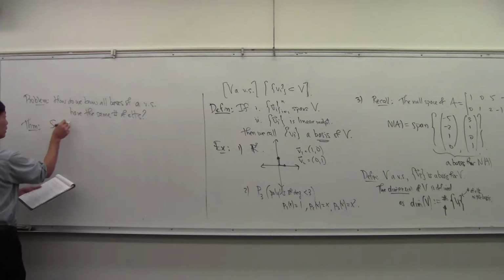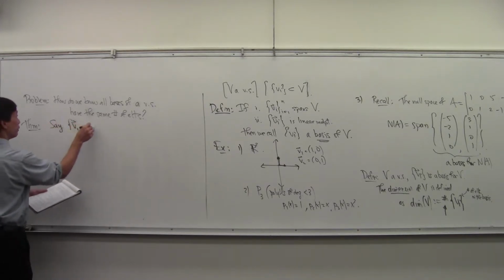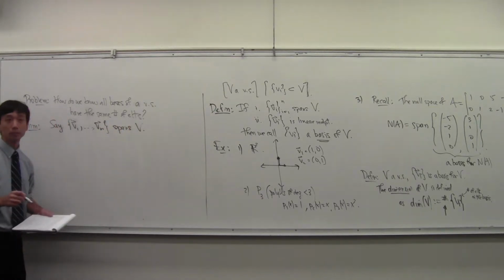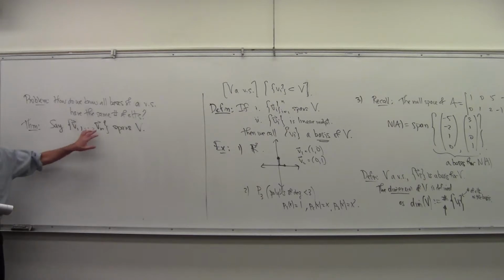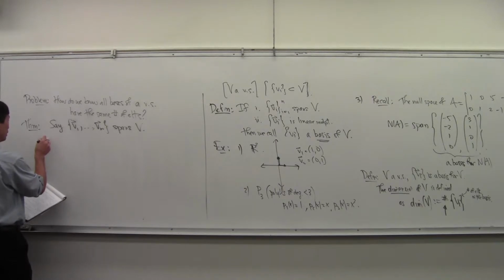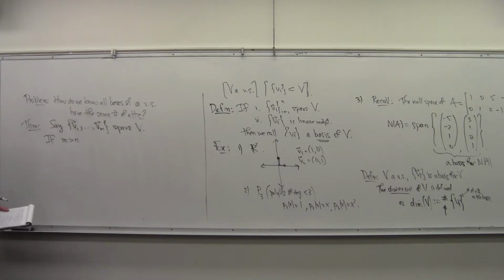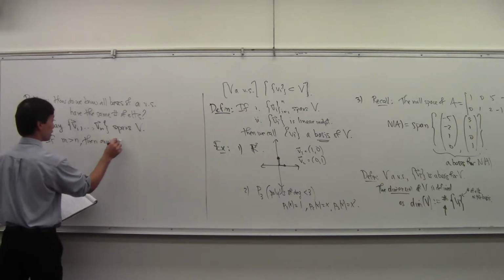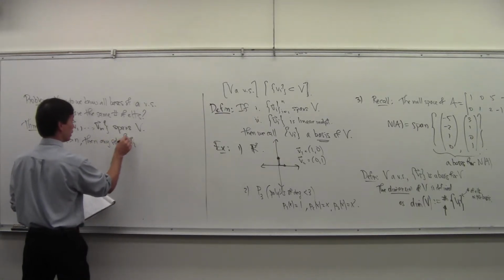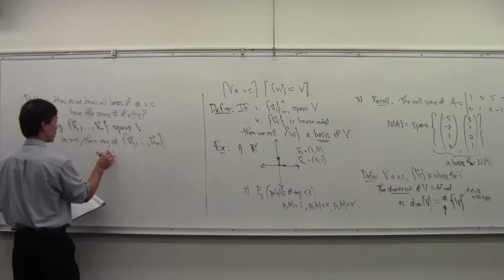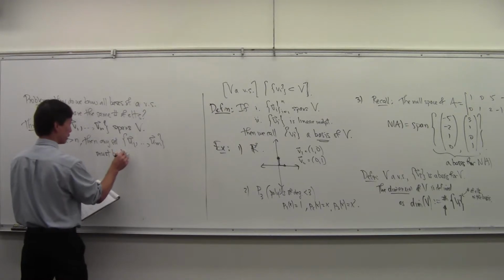Suppose that v1 through vn spans a vector space V. Suppose you have a spanning set of V. If m is a number strictly bigger than n, then any set of vectors u1 through um must be linearly dependent.